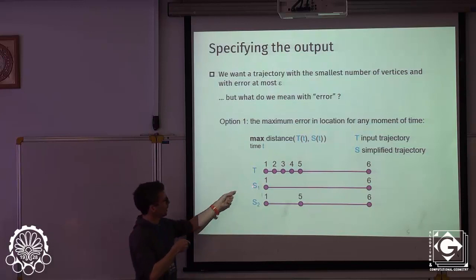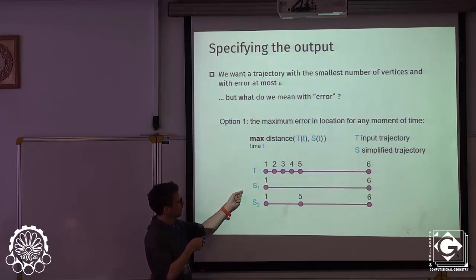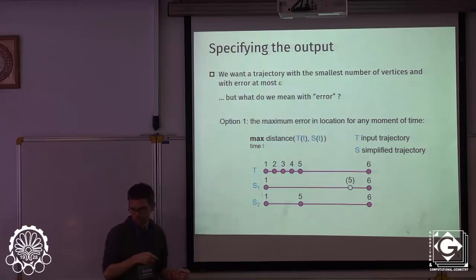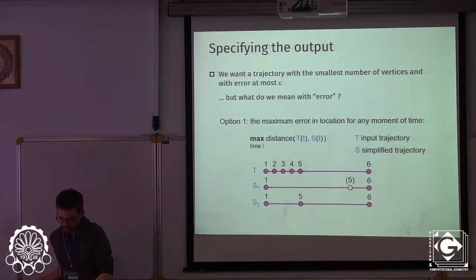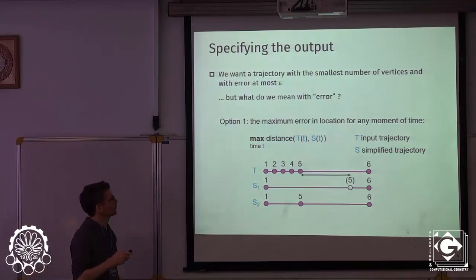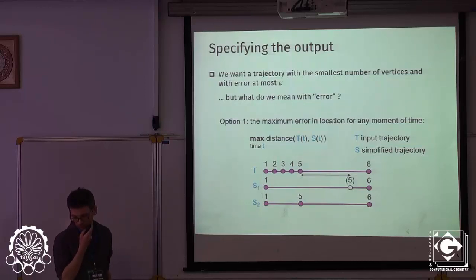Because again, if you look at this simplification and think about where I am after 5 minutes, that would actually be somewhere here. So that is, a line simplification does not preserve speed in the trajectory data.